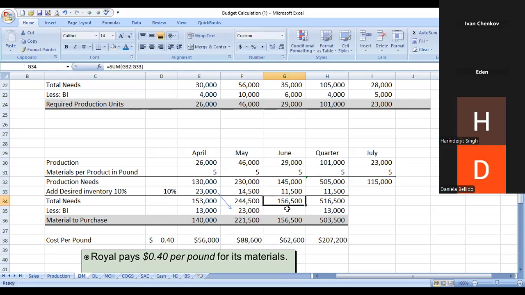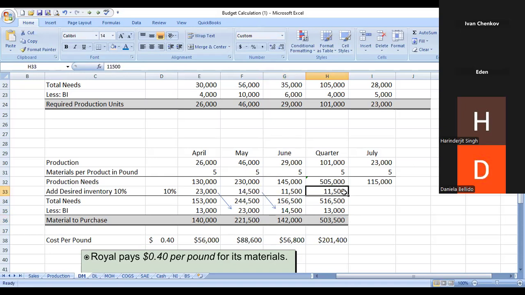So in total, we need 156,500 pounds of material. But hold on a second, we already have 14,500 from the previous month, which is our beginning inventory for this month. So how much do we need to purchase? We need to purchase 142,000 pounds for June, in order to guarantee our sales and to have beginning inventory for the month of July.